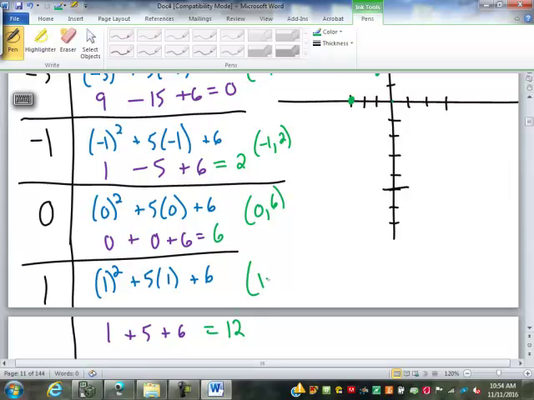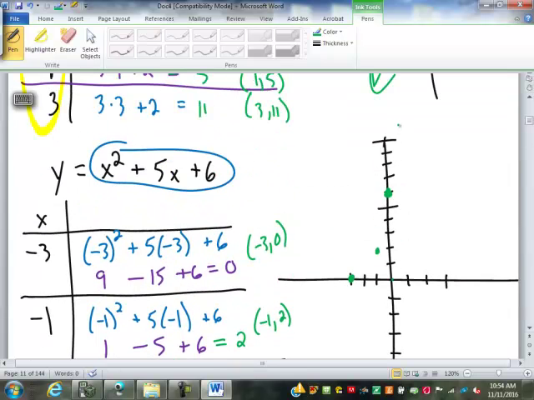So when x is 1, y is 12. So 1, 12. We're off the graph. So it doesn't make any sense to use x equals 3 here, because at 3 it looks like it's going to keep going way up in here. We won't be able to graph it anyway.